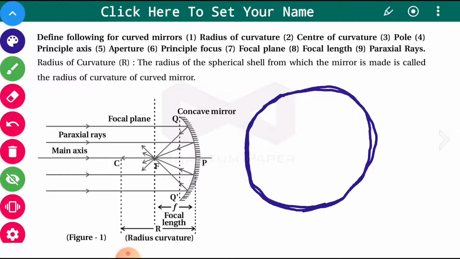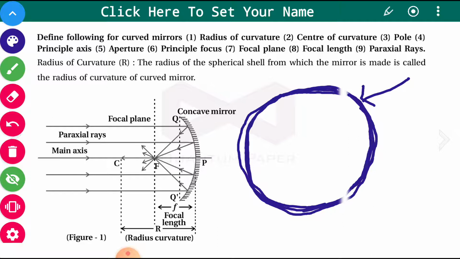If you cut this hollow spherical shell somewhere here, the part you get on your right hand side is a circular part with a spoon-like structure.